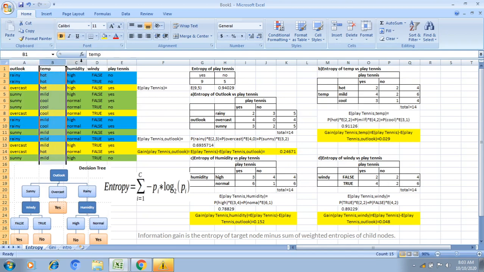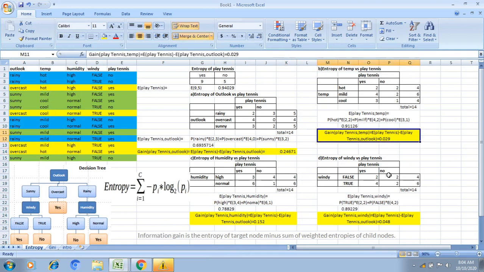Similarly, I need to calculate temperature, outlook, humidity, and windy versus play tennis, so that I get the sum of weighted entropies of the child nodes. Then we can calculate the information gain, and the one with the highest information gain is selected as the root node. Here, play tennis versus outlook has the highest information gain. That's why I'm choosing outlook as my root node.